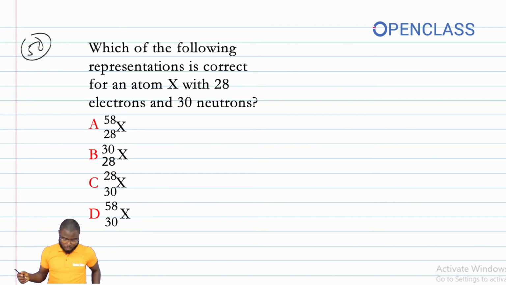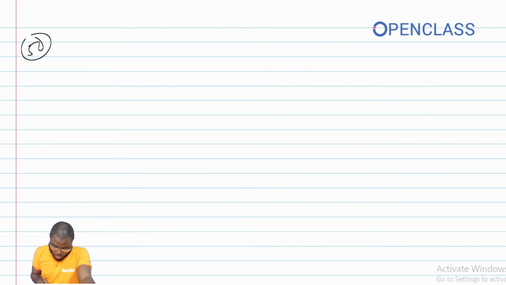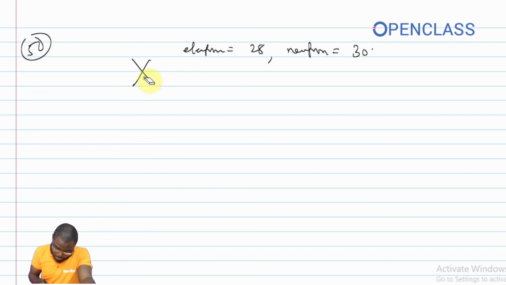So here we have X, with electrons 28 and neutrons 30.